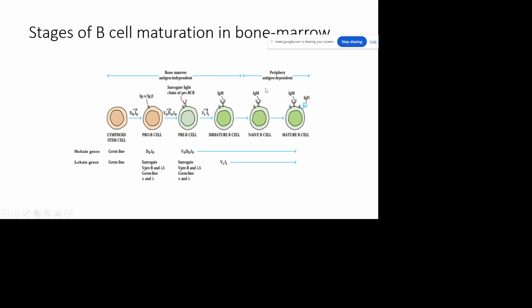After that, when it comes to the periphery, there is the antigen dependent phase. In the periphery, the immature B cells will be converted into naive B cell, right? Upon antigen stimulation, this naive B cell will be converted into the mature B cell, as we saw here.